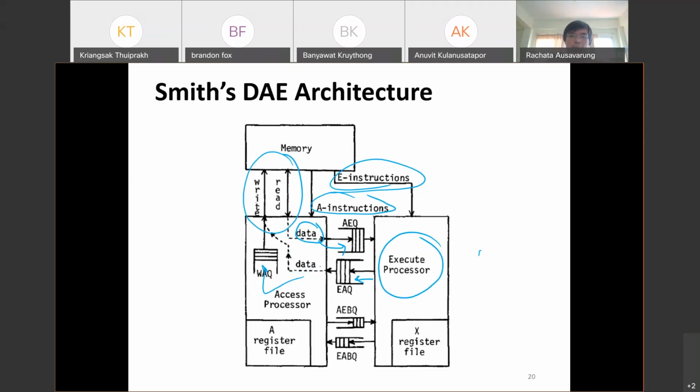And then to make sure that you have some control, you also have two queues that synchronize the registers for both sides of the processor. This allows you to say, okay, is my element ready?